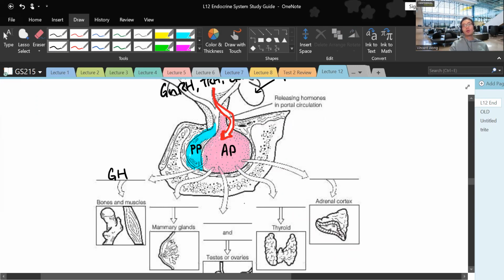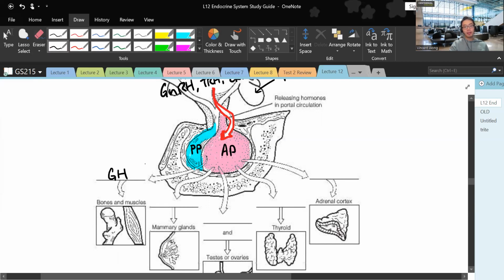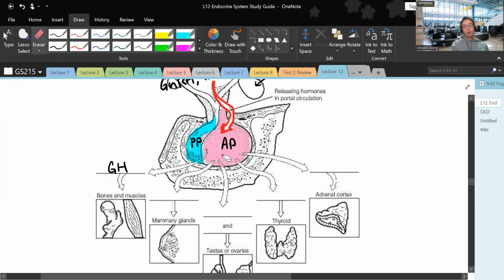If you have too much growth hormone, then the person will have gigantism, too big. Okay, not enough growth hormone, dwarfism. We want to have just the right amount. What's the hormone that targets the mammary gland for milk production? Prolactin, that's right.